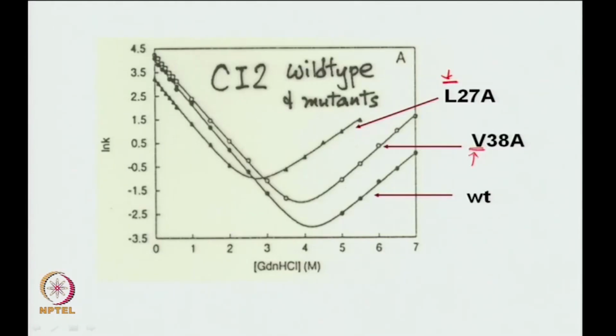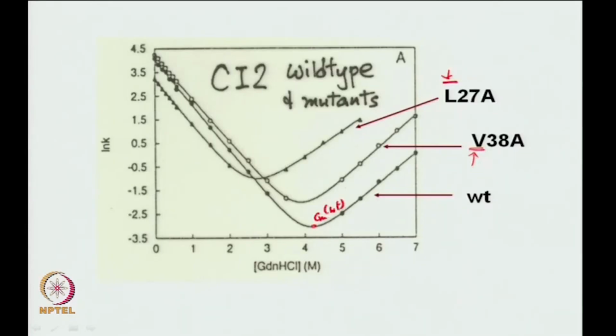That means you replaced the valine at the 38th position by alanine. Now, look at what has happened. First of all look at the wild type. Where does the denaturation midpoint come in? It comes close to about 4.2, 4.3, right. This is Cm for the wild type, is it not?